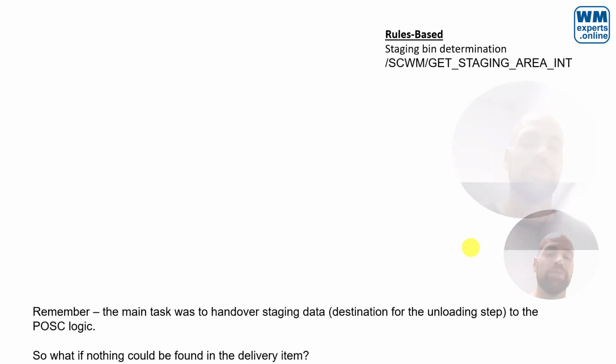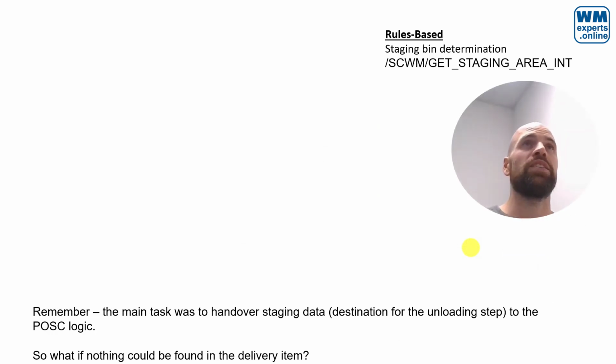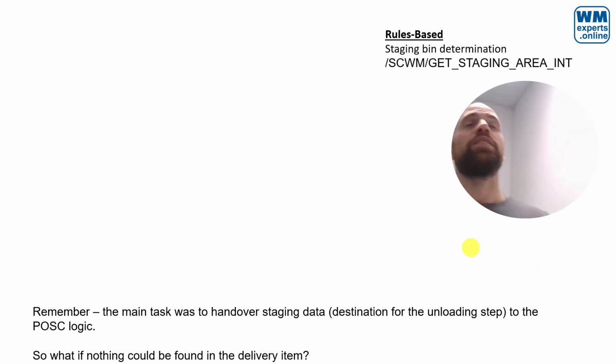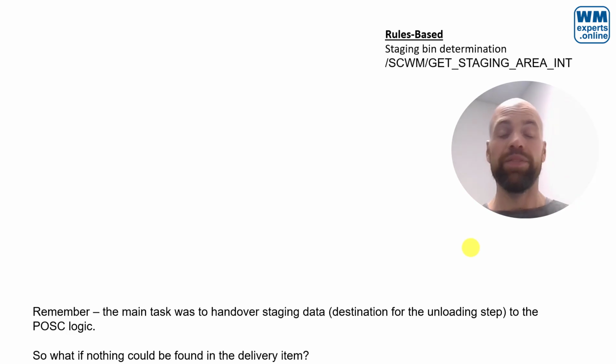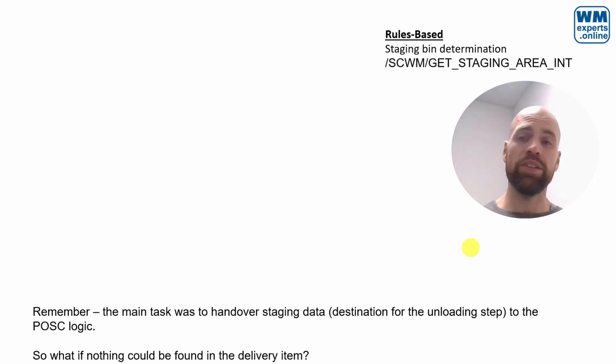You remember that was called from the main POSC function module to determine rules-based destination data. And now we end up at the point where EWM tries to get the staging bin data from the delivery item data, returned to the process-oriented storage control. And now we either have a bin or, and that's what we are going to look into next, we couldn't find anything in the delivery item.